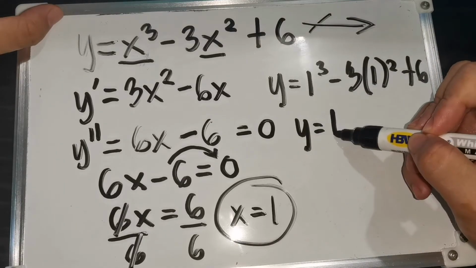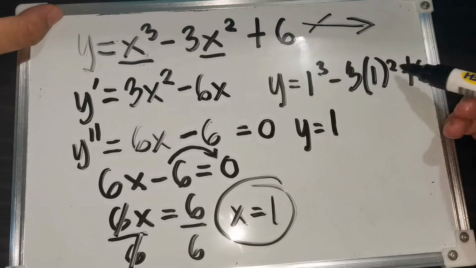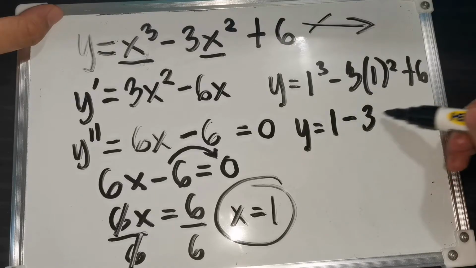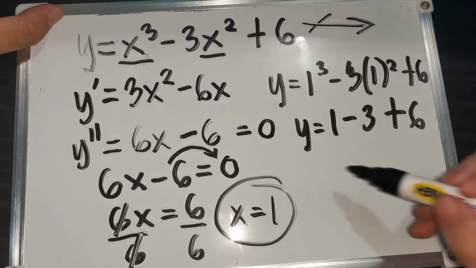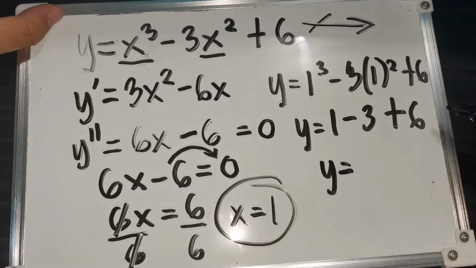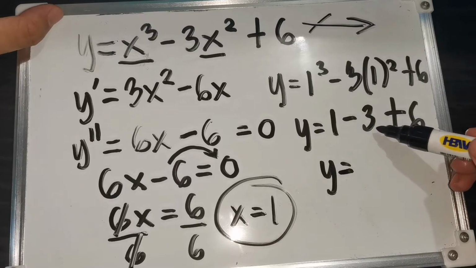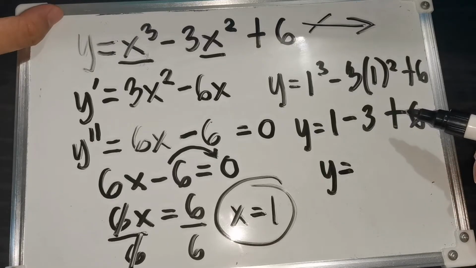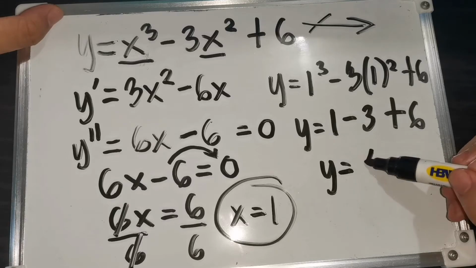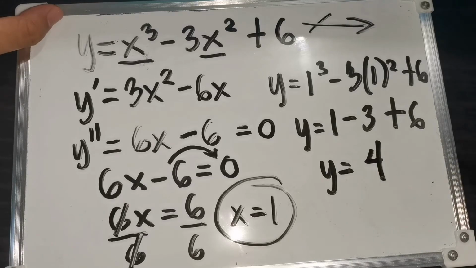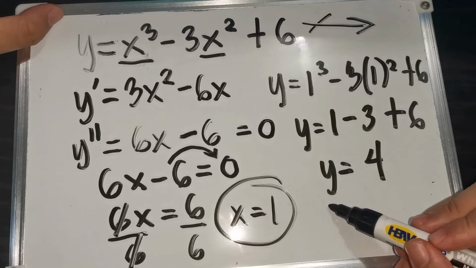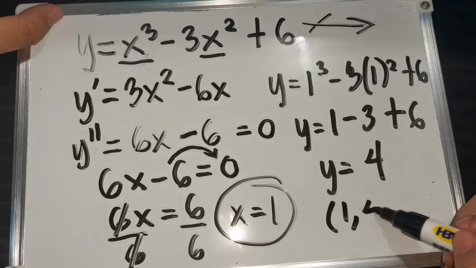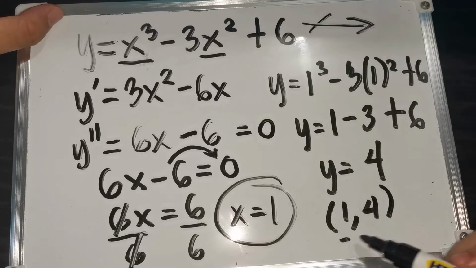Your y is equal to 1 minus 3 multiplied by 1, so that will be minus 3 plus 6. So your y now is equal to 1 minus 3, so that will be negative 2 plus 6, so that will be positive 4. So we can say that your point of inflection is 1 and positive 4. That will be your x and y coordinate.